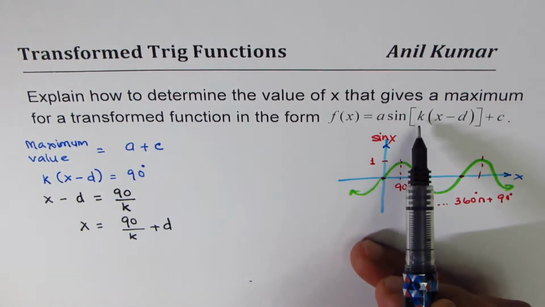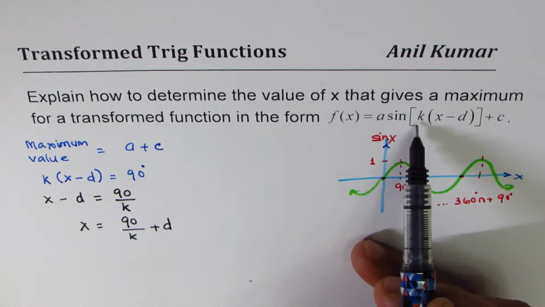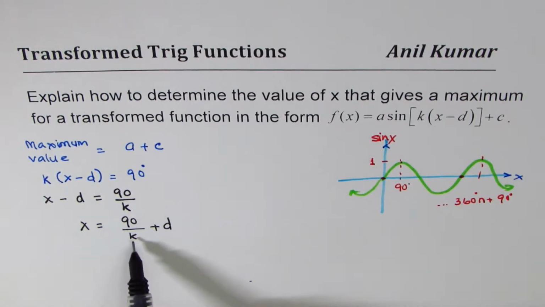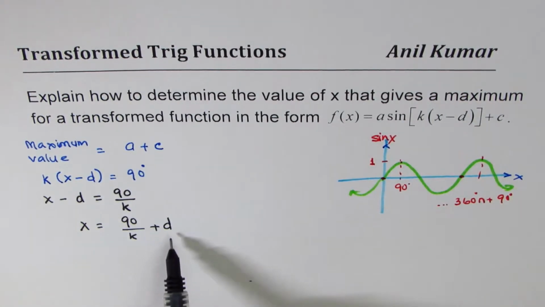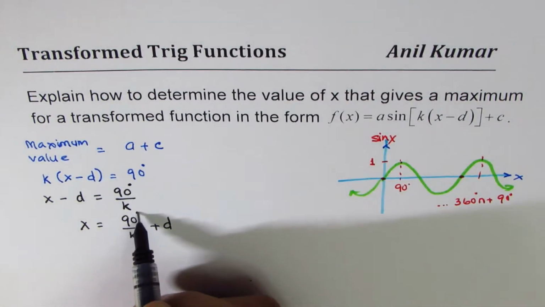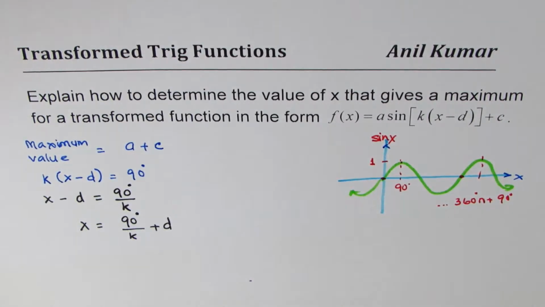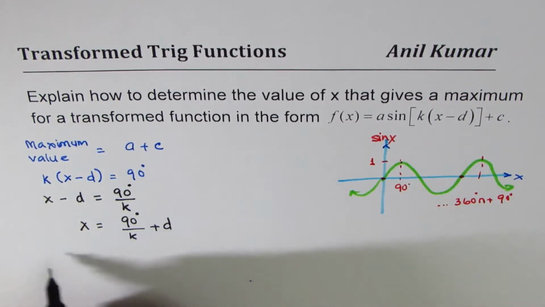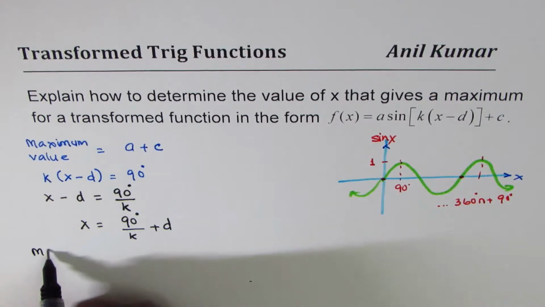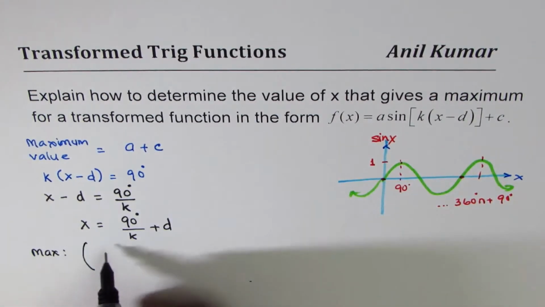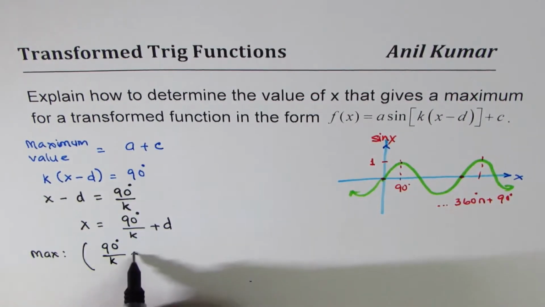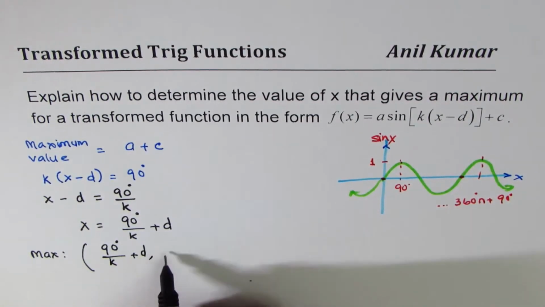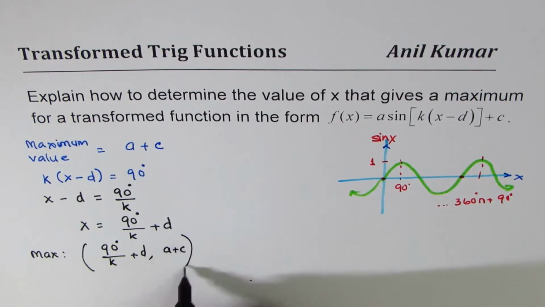It is horizontally compressed by a factor of 1 over k, so you get multiplied by 1 over k, and it moves d units to the right, plus d. 90 degrees to start with, so that could be one point. It could have a maximum at the point which is 90 degrees divided by k plus d, and the value will be A plus C. So that is one particular answer.